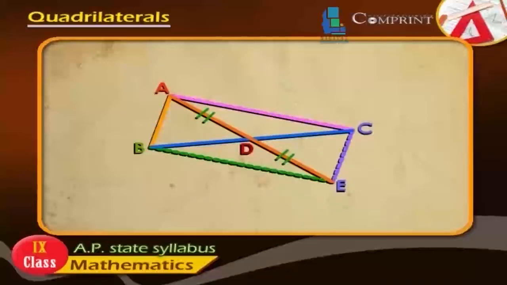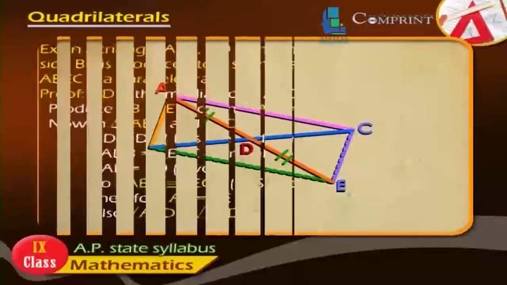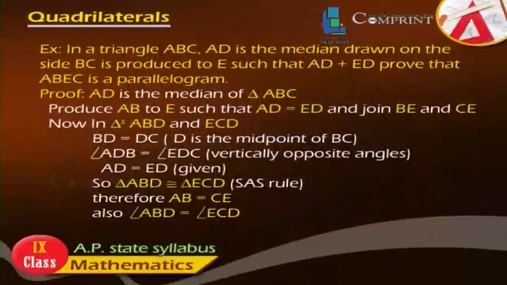Proof: AD is the median of triangle ABC. Produce AD to E such that AD is equal to ED and join BE and CE.